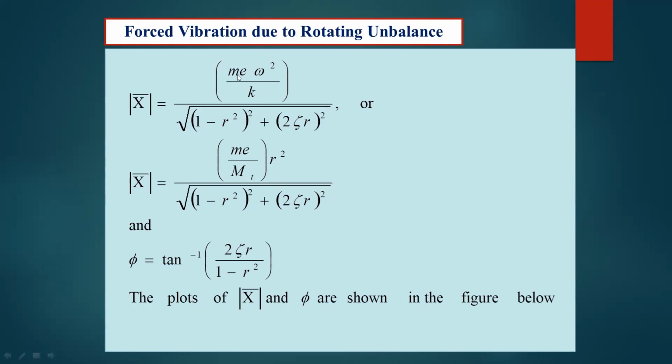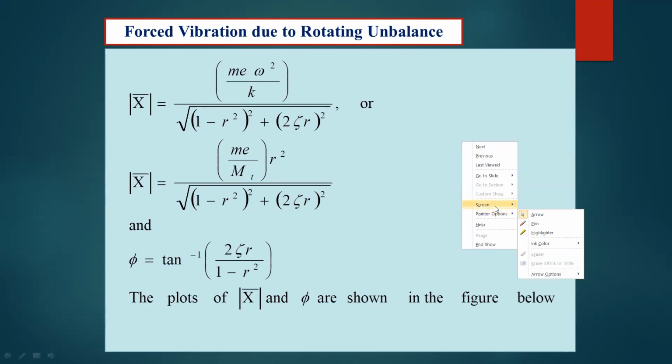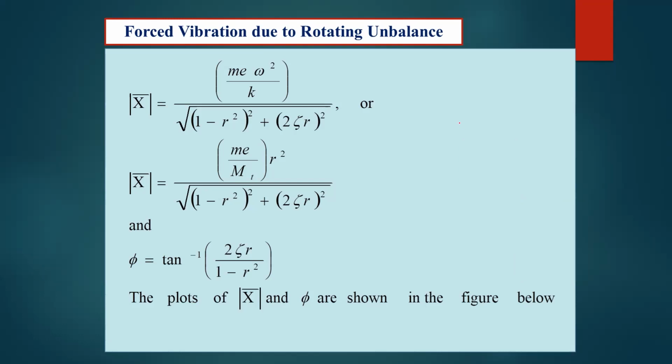Now, what is there? We have m here, we have k here. You know this equation: omega n square is equal to k over m.